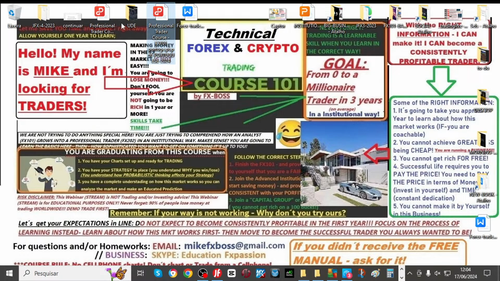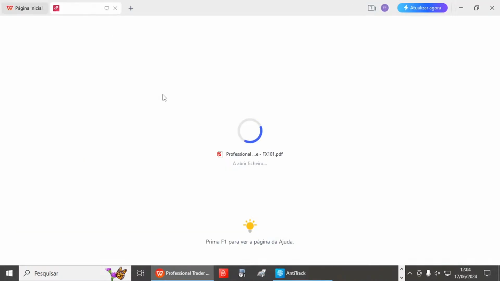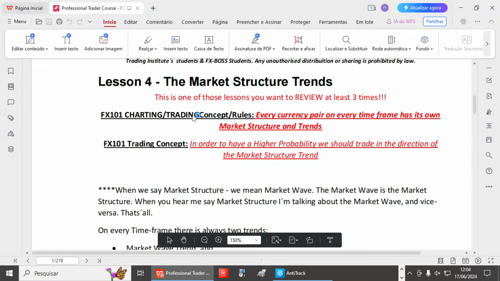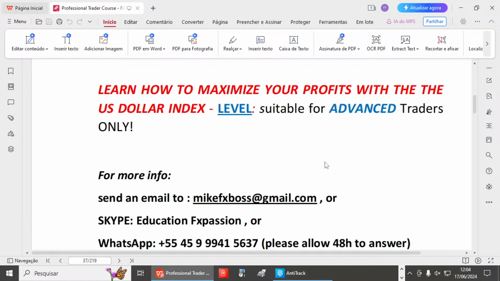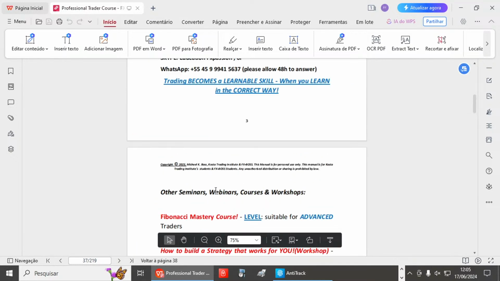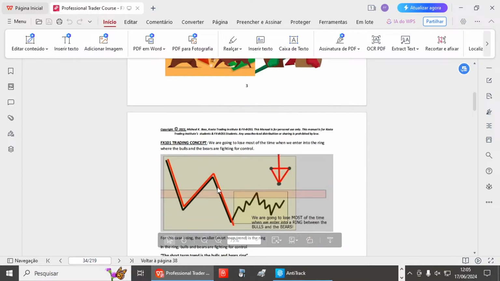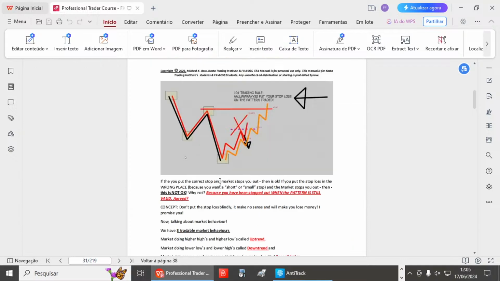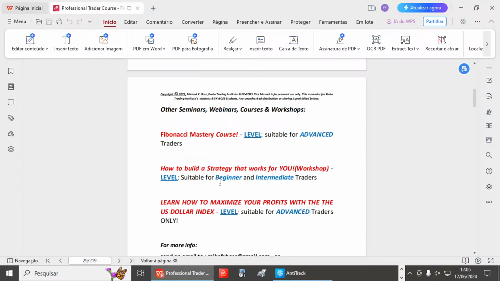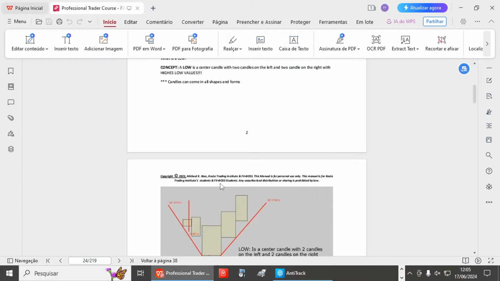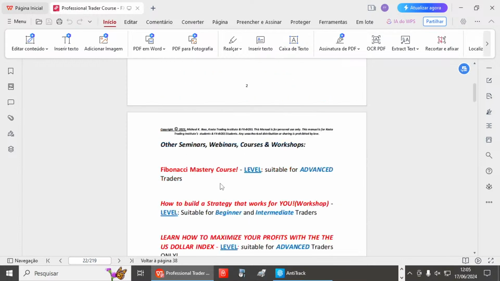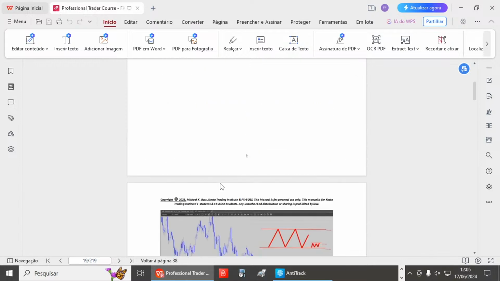What is the manual? That's the manual, everybody. Market structure trends. Let's click on that. That's the manual, free manual, everybody. Let's click on highs and lows, next level, courses.